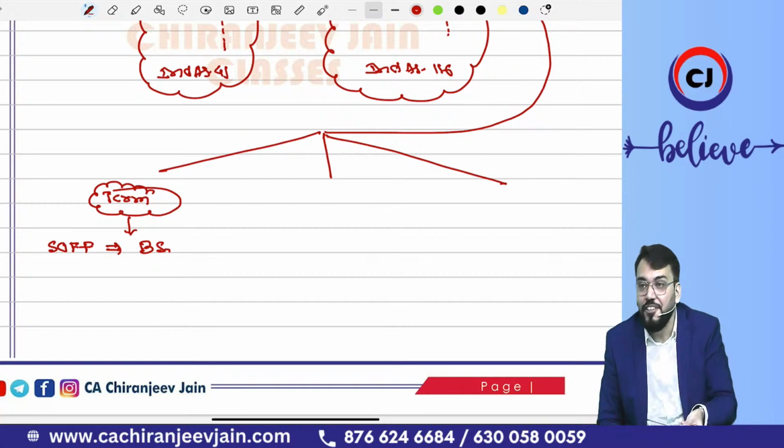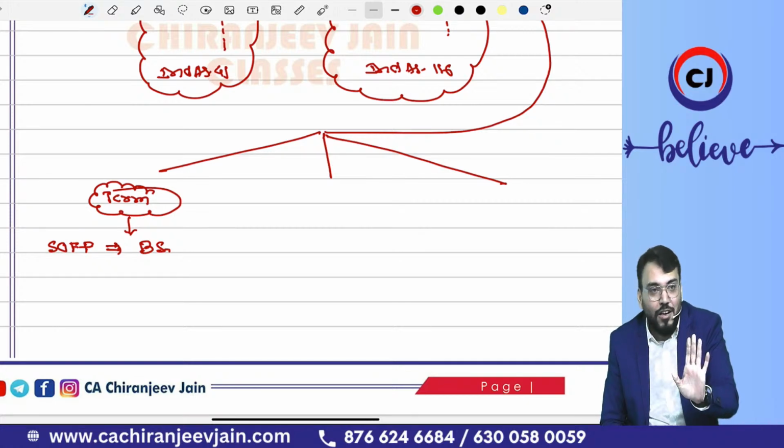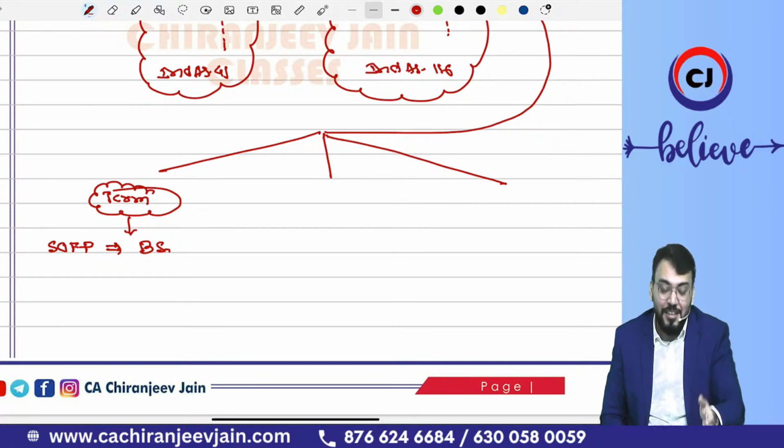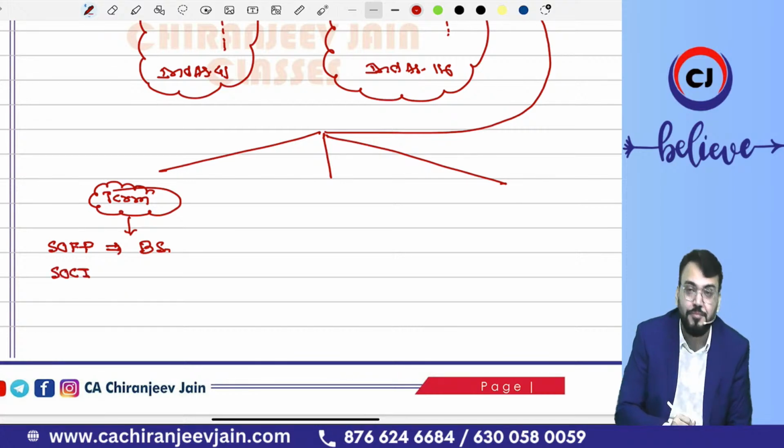So in India we call it balance sheet. Therefore in Ind AS they have written which term? Balance sheet. Got this point? Internationally we call it statement of comprehensive income.